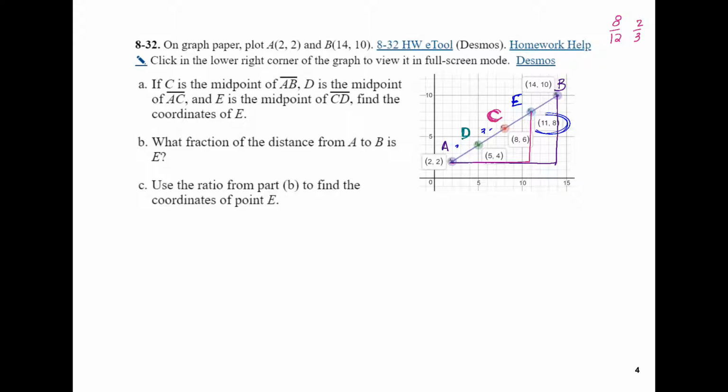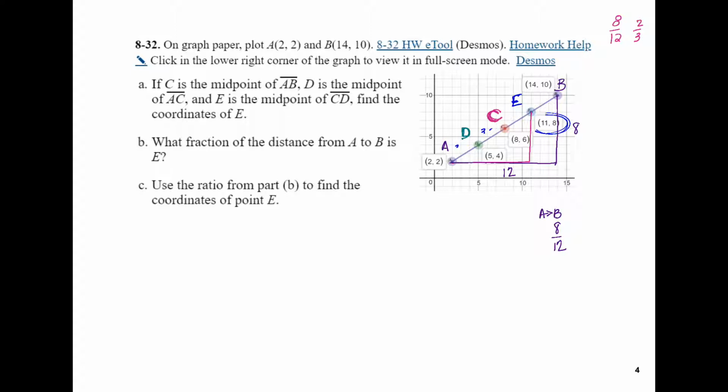So our slope triangle from A to B is 14 minus 2 gives us a run of 12, a rise of 8. So when we look at our change of y over our change of x for A to B, we get 8 over 12.